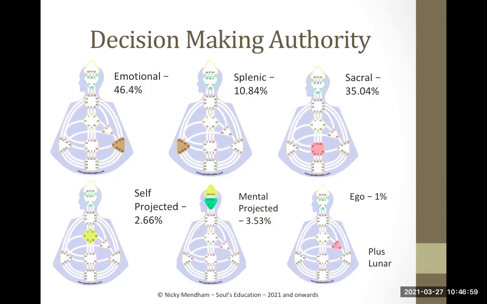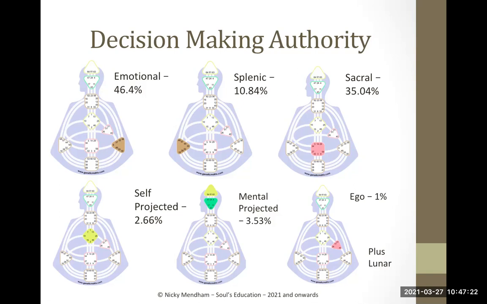Do I have the right amount of energy to do this? This is very much from a projector point of view, and it doesn't have any motors. As you can see, there are no motors that are defined in this decision making, so it doesn't have the energy to power it through. So it really has to sit with its decisions, and the body really has to feel that it's safe.